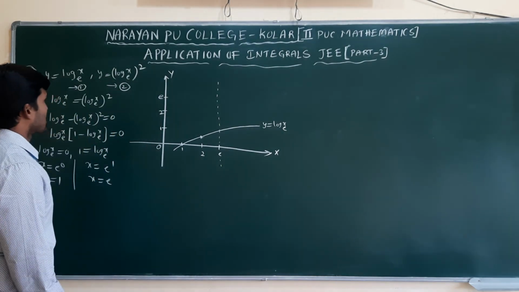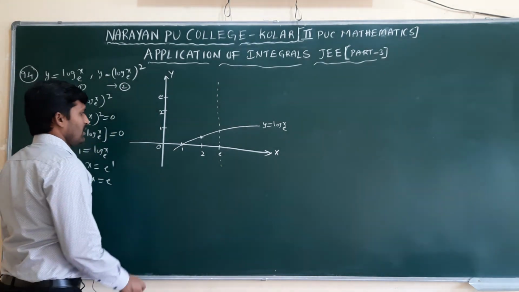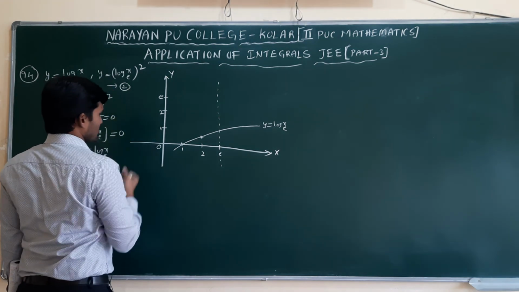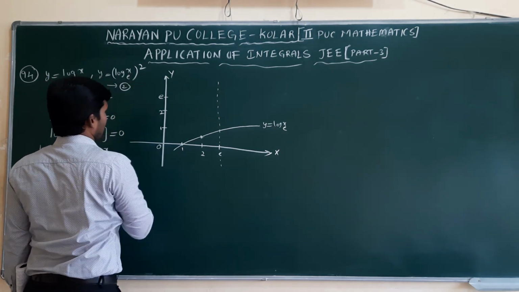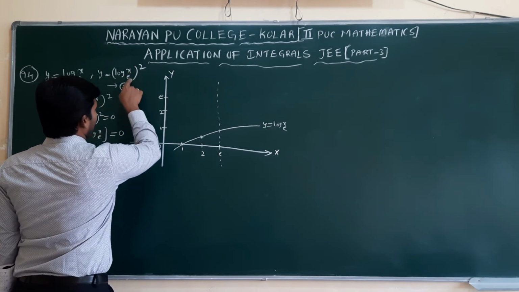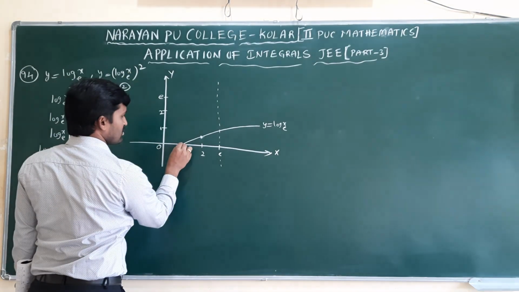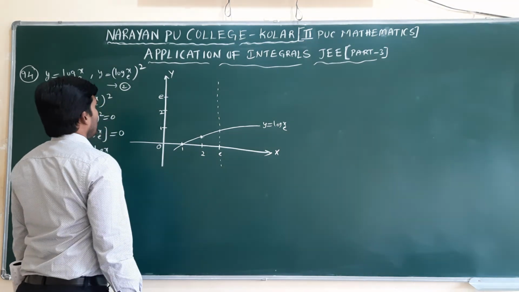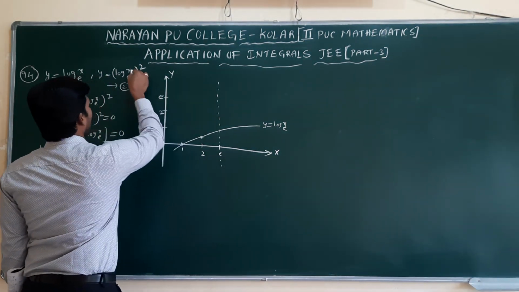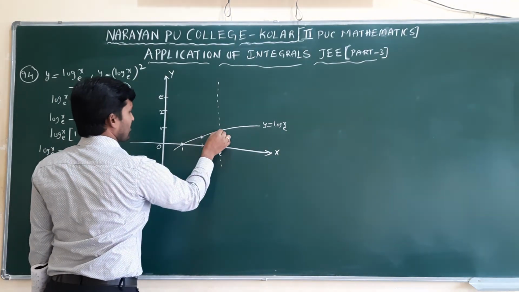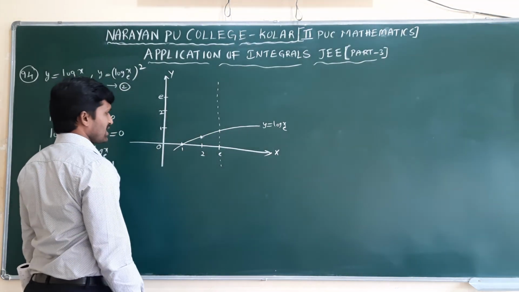This is the y is equal to log x to the base e graph. Next, log x to the base e whole square. If you take y as 0, then we get x value 1, y value 0, only one point here. Next x, we will take e. If x is e, log e base e is 1 only, so we get the graph condition wise.